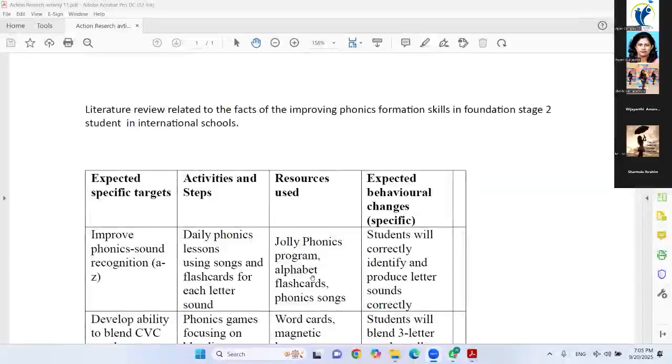Right. Who is sharing now? Vijayanti? Okay, share now. Okay, madam, I will. Vijayanti? Hello? Yes, madam, I'm trying. Can you see that? Yes, yes.